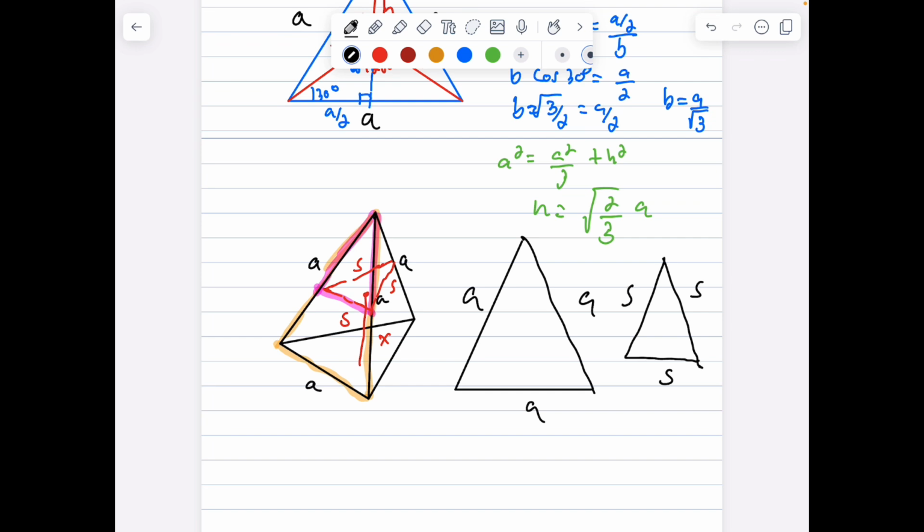And these two triangles are similar. They both have angles of 60 degrees inside, so they're similar triangles. They're not congruent, but they're similar.